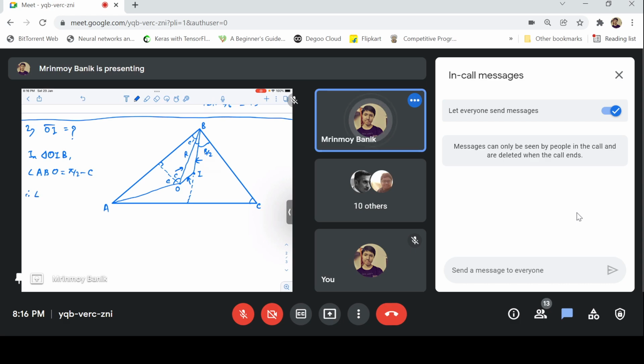So angle ABI equal to B by 2. Therefore, OBI is ABI minus ABO.